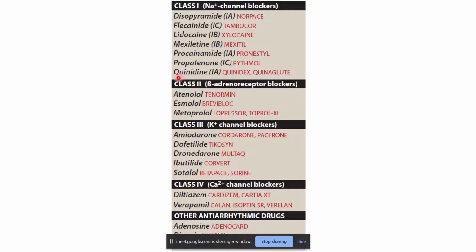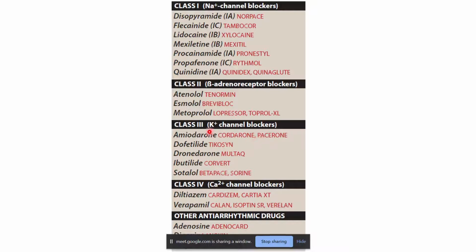Beta blockers are also used for many other diseases, including the congestive heart failure we studied today, and arterial hypertension, and many other diseases.